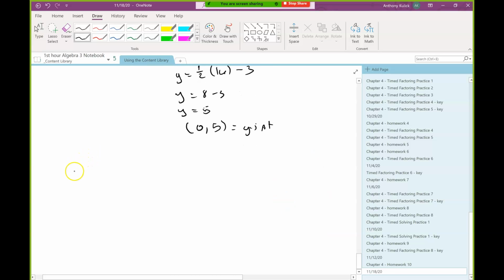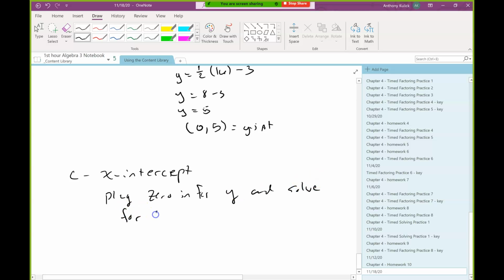Next up was part C, the x-intercepts. And to do this, we're going to plug 0 in for y, and then solve for x.